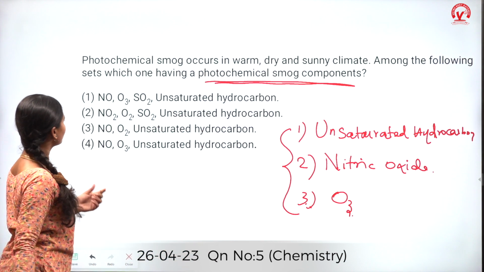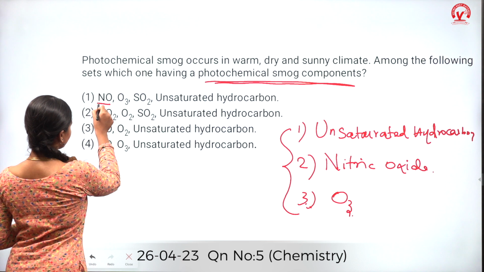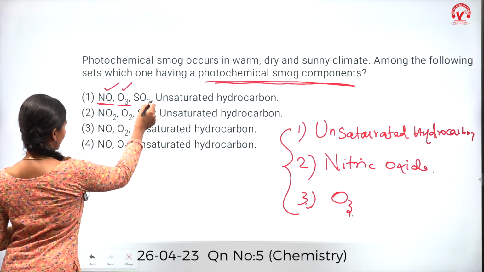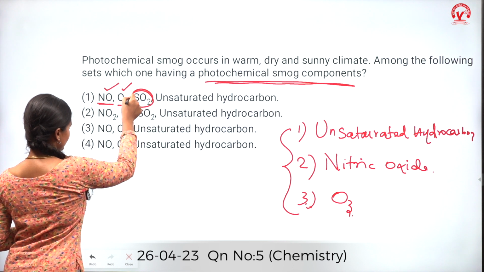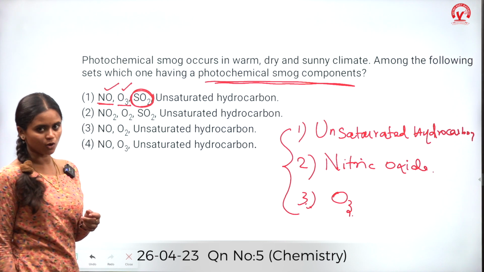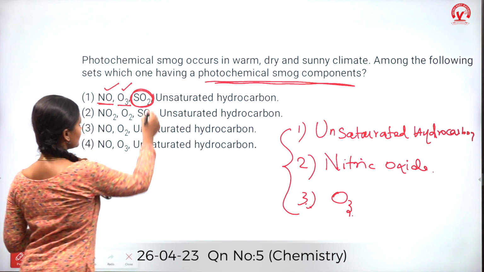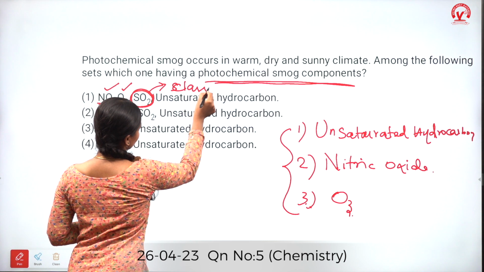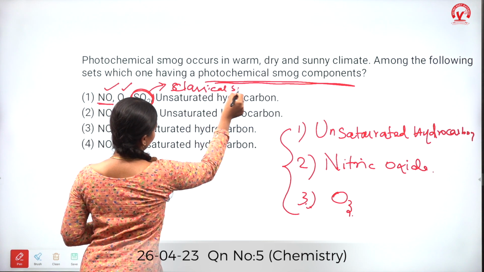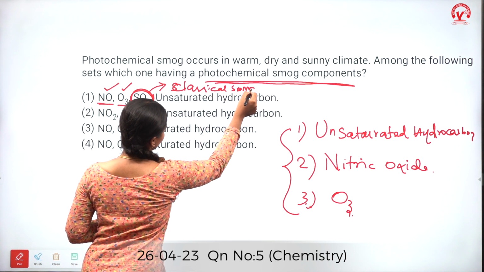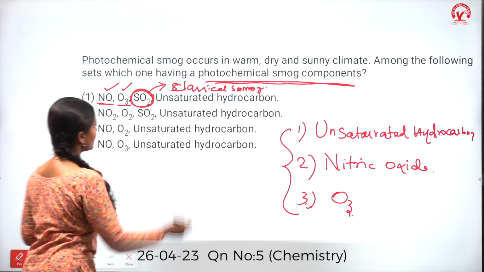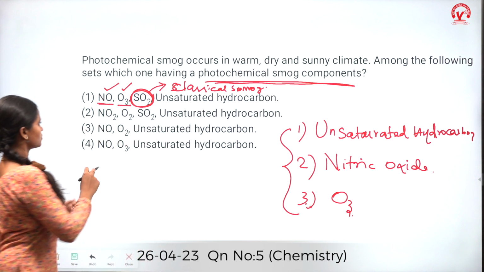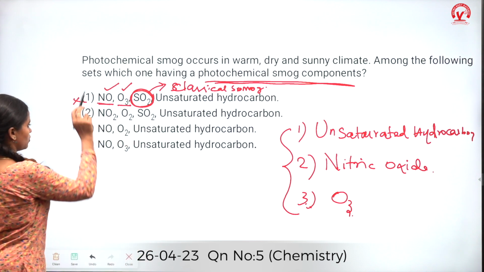Here in option 1, nitric oxide is correct, ozone is also correct, and sulfur dioxide is not a photochemical smog component; it comes under classical smog. And unsaturated hydrocarbon also comes under photochemical smog. So option 1 is wrong.